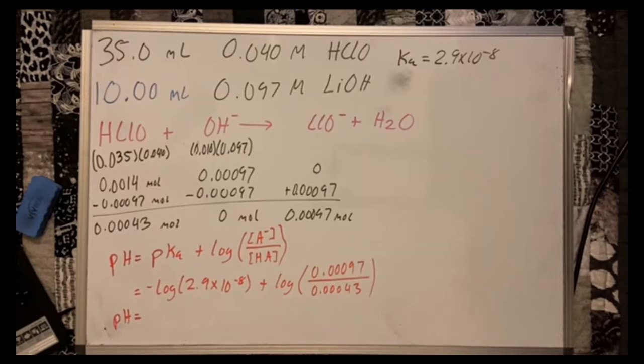So I get my pH is equal to, calculator, here it is. Let's see, 2.9 times 10 to the negative 8.